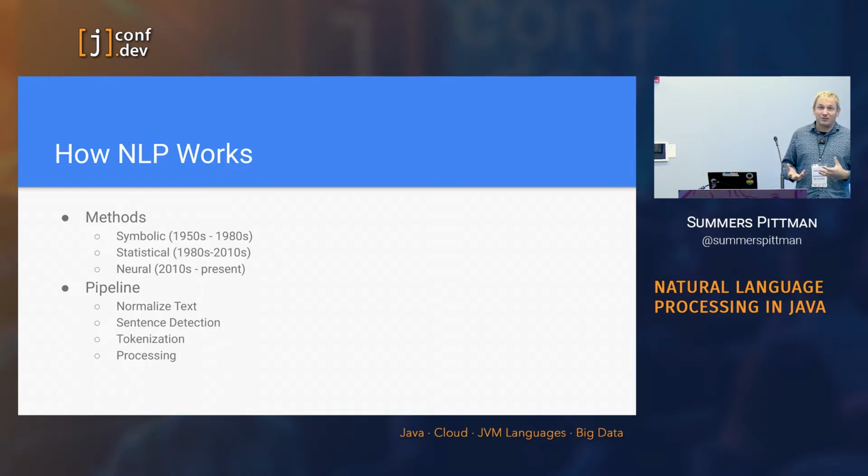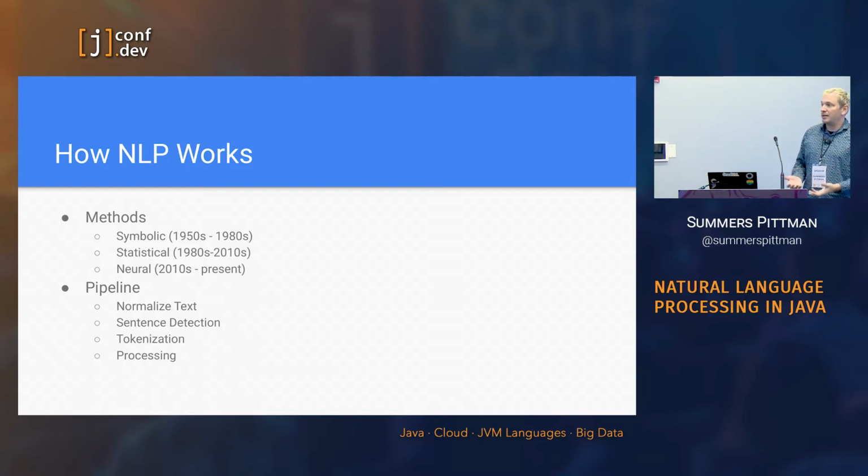No matter which method you use, though, what you really want to have when you're working with natural language is some sort of pipeline. In this pipeline, the first step is you normalize your text. What I mean by normalize your text is you get rid of all of the extraneous formatting or extraneous information. You organize the text in a way that makes it easier for your computer to understand. Then you want to do something called sentence detection, which is breaking down large sections of text into smaller sections of text.